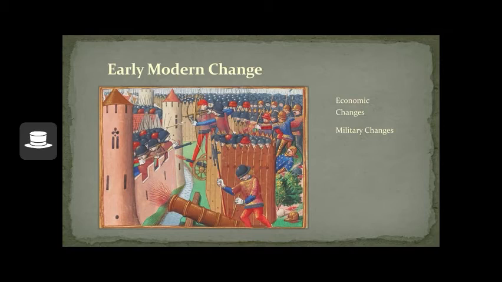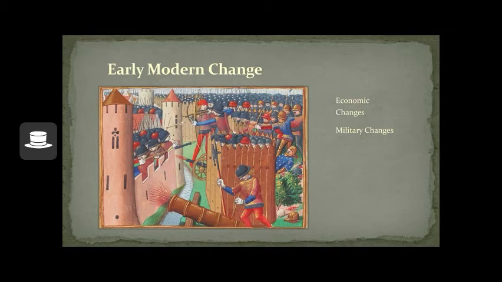Feudal armies were actually, from the king's perspective, they didn't really cost anything. Right, now, of course, yes, you had to give away your land, but essentially everybody came with their own weapons and showed up and fought.